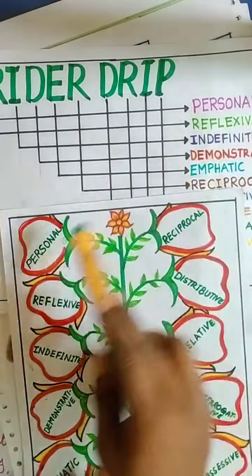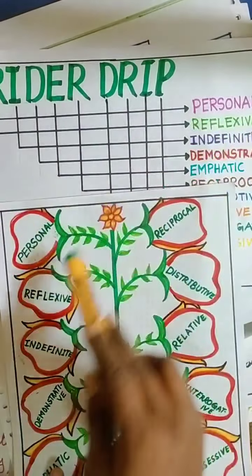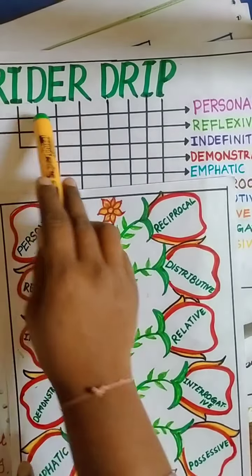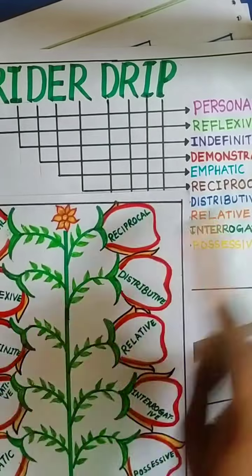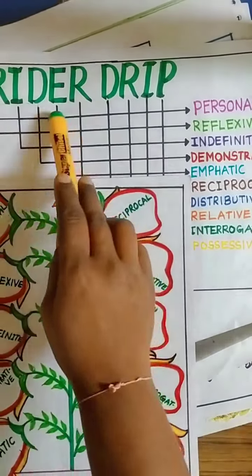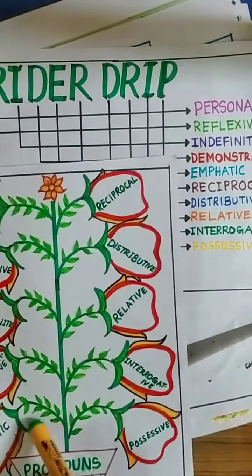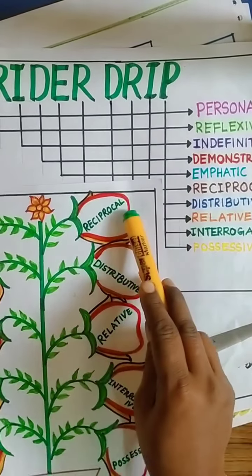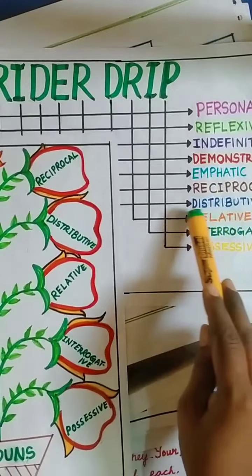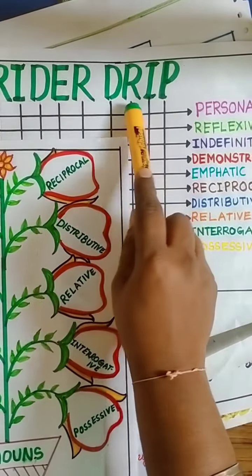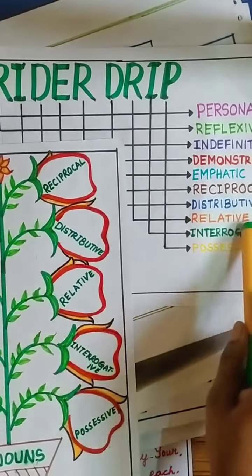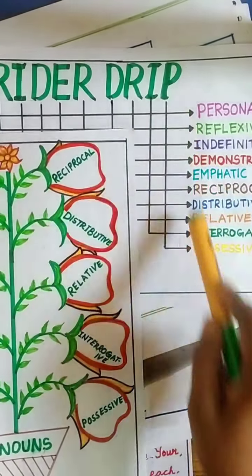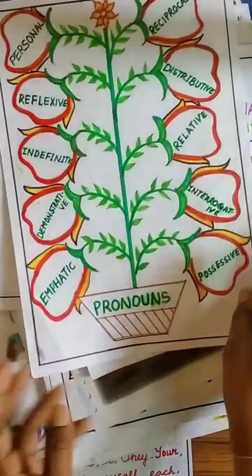P refers to personal, R refers to reflexive, I refers to indefinite, D refers to demonstrative, E refers to emphatic, R refers to reciprocal, D refers to distributive, R refers to relative, and I refers to interrogative, P refers to possessive.